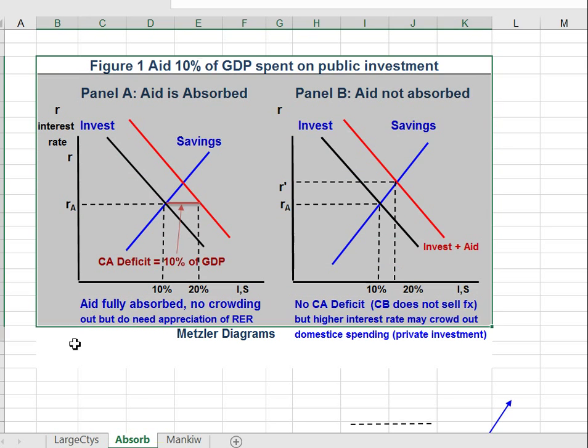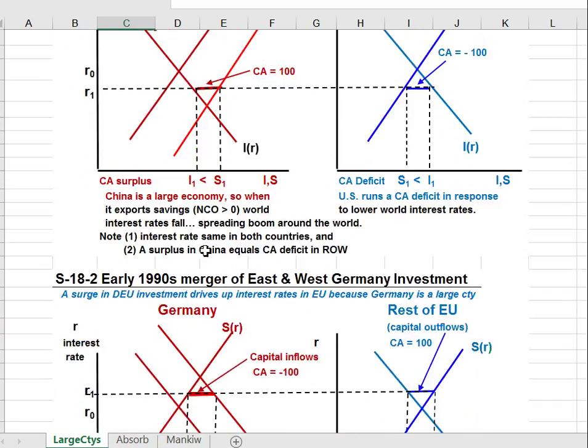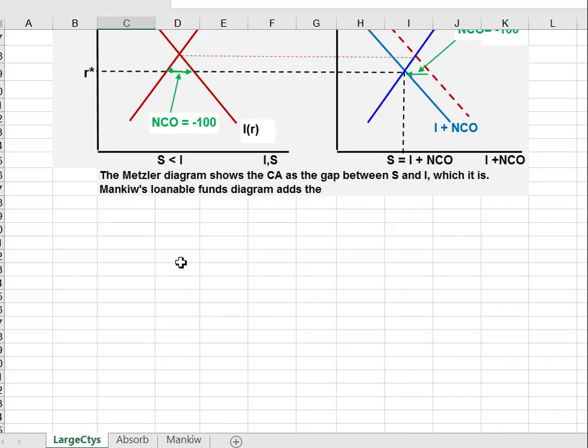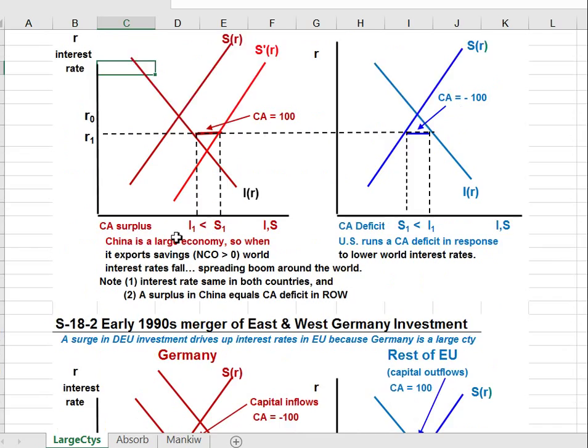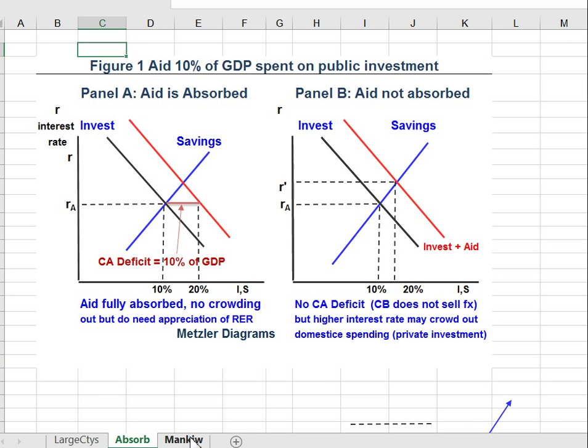Typically, you don't get the answer till after the exam, but in principle, you could have taken these diagrams. Here's a whole bunch of examples. You could have taken these diagrams and created these examples yourself, even if you didn't have the final answer.